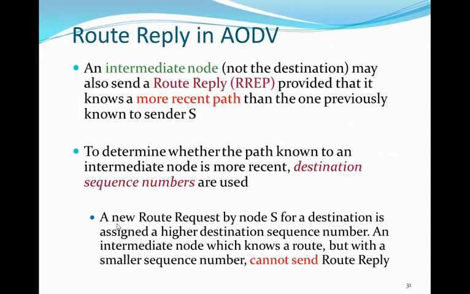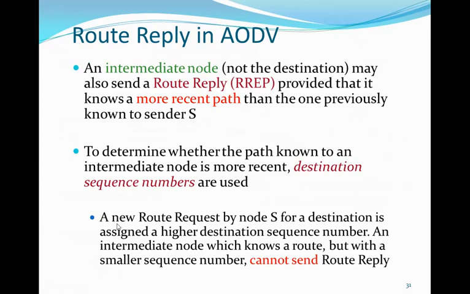Now the route reply in AODV is very important, and it is the responsibility of the intermediate node that it may send a route reply provided that it knows a more recent path than the one previously known to the sender node. And as you know, how can we compare the old or the new packet?